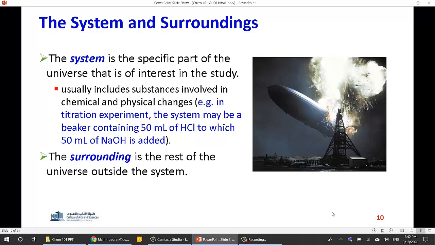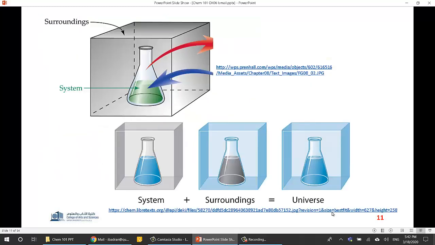And in thermodynamics, the system might actually be the universe itself. So the surroundings are the rest of the universe outside the system. For our chemical problems here, we care about small containers filled with a gas. That would be the system, and the surroundings, of course, will be the air outside that system.